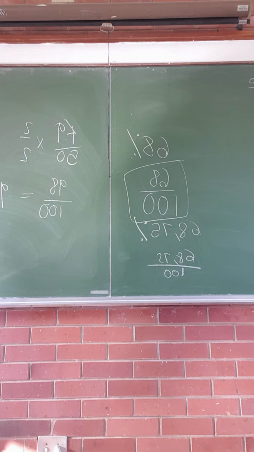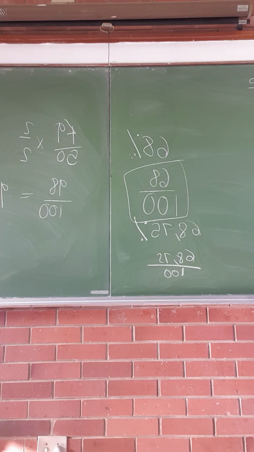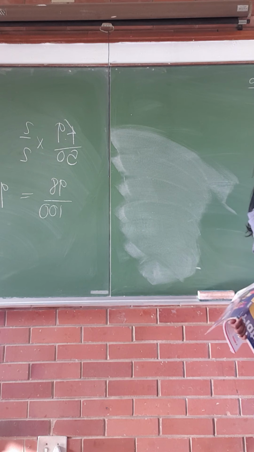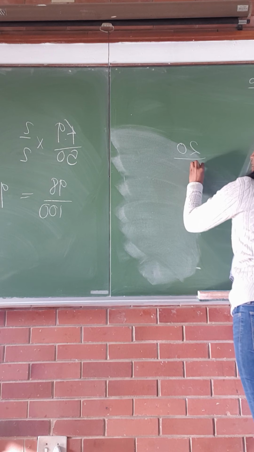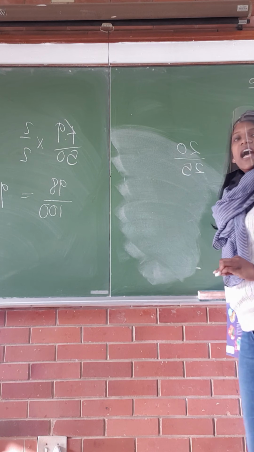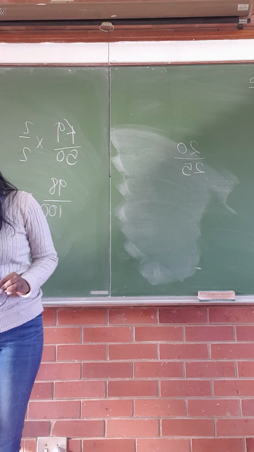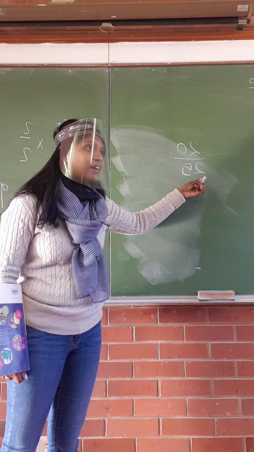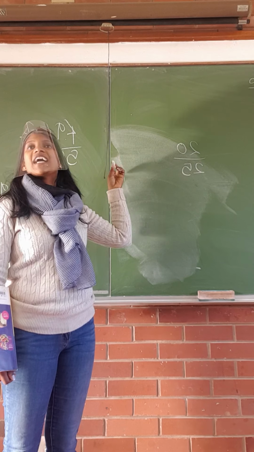98 over 100, which equals 98%. Let's take another example. The test was now out of 25 marks, right? And Menentle got 20 out of 25. I need to calculate Menentle's percentage for the report. So I need to get my denominator to be 100. How do I get from 25 to 100?